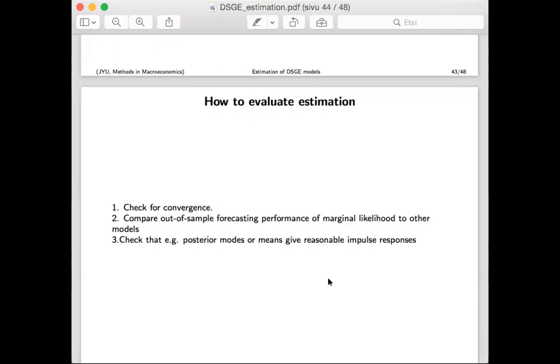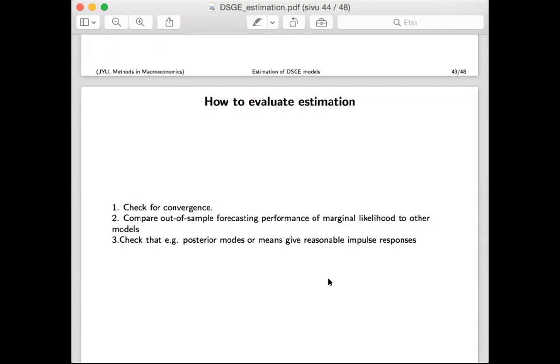There are tests for that, and one can also visually inspect the series. Then to see how well the model performs, one can, for example, run out-of-sample forecasting or compare marginal likelihood to other models.